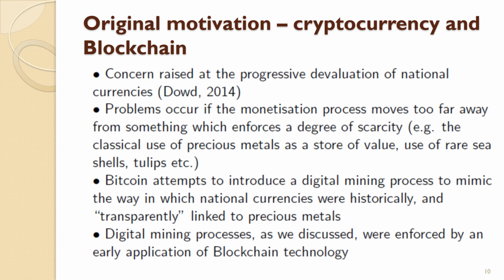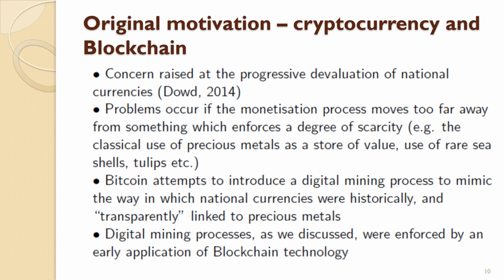in other cultures historically. So what is happening with Bitcoin, the first major application of blockchain technology, is that Bitcoin attempts to introduce a digital mining process to mimic the way in which national currencies were historically and relatively transparently linked to precious metals.